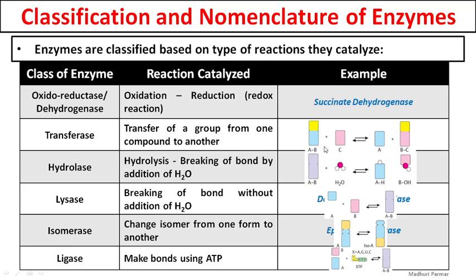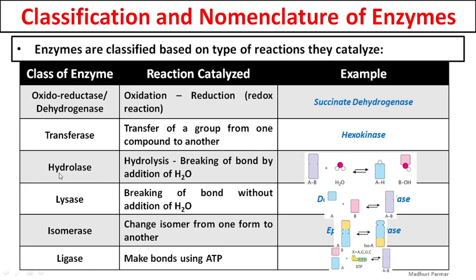Clear? So this transfer reaction from one substrate to another is carried out by transferase. An example is hexokinase. Remember, hexokinase is the first enzyme you find in glycolysis, and what it is doing, it is taking phosphate from ATP and transferring it to glucose.